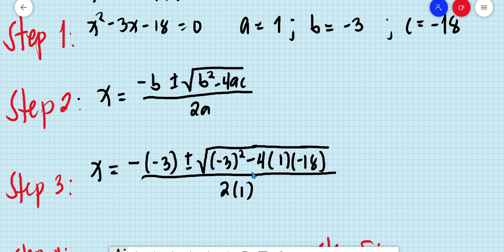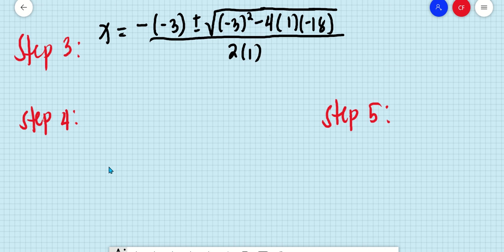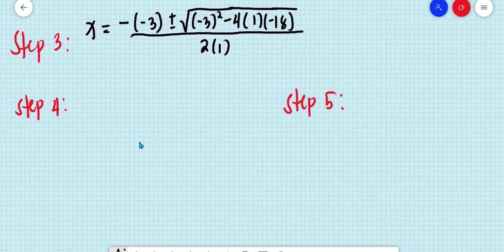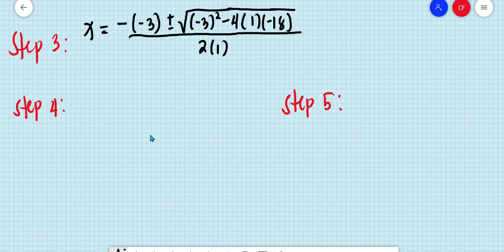So, proceed na po tayo dito sa step number 4. Okay? So, sa step number 4, syempre, simplify na natin. Okay? Simplify na natin na sa step number 3. Okay? So, sulat po natin yung x dito na sa may taas. X equals, so negative times negative 3, so positive 3.